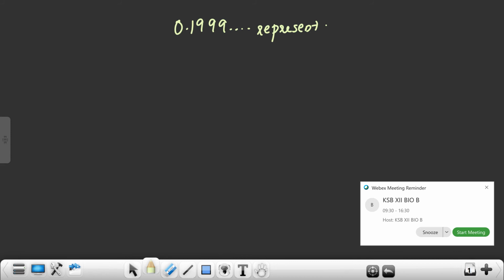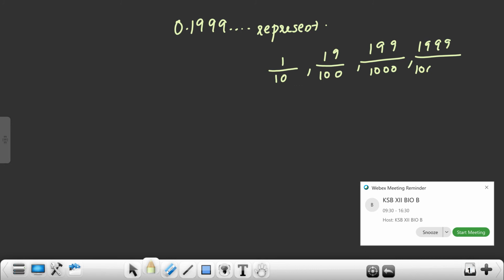By the definition of such decimal forms, what we have to find is the number to which the fractions 1 by 10, 19 by 100, 199 by 1000, 1999 by 10,000, etc. get closer and closer to.